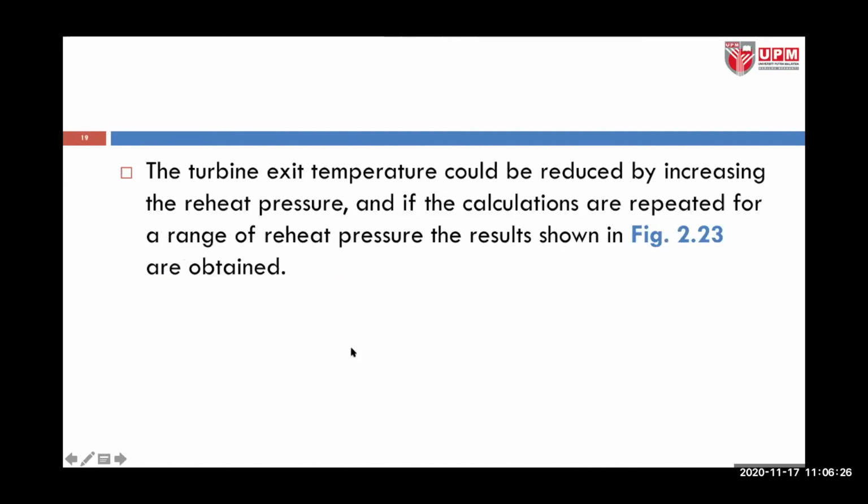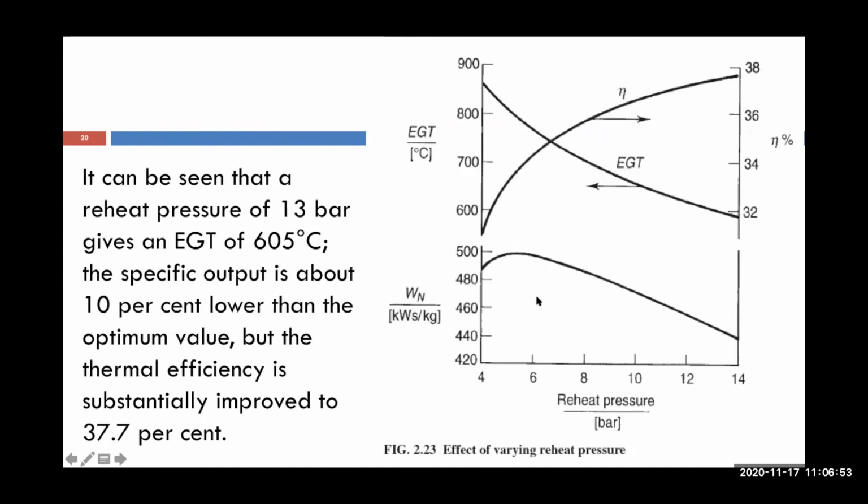The turbine exit temperature, TET, could be reduced by increasing the reheat pressure. In the second combustion chamber, you have a slightly higher pressure. If the calculation is repeated for a range of reheat pressure, the result shown in figure 2.23 will be obtained.